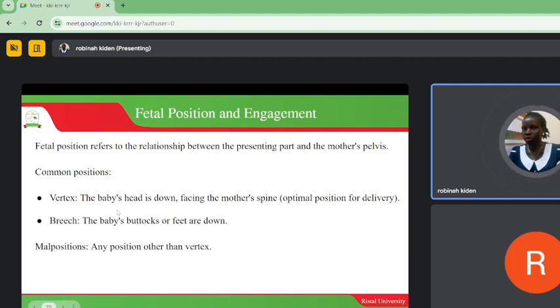Then the breech position, where the baby's buttocks or feet are down, is a malposition. So any position other than vertex is considered a malposition. The only normal position in pregnancy is the vertex position.